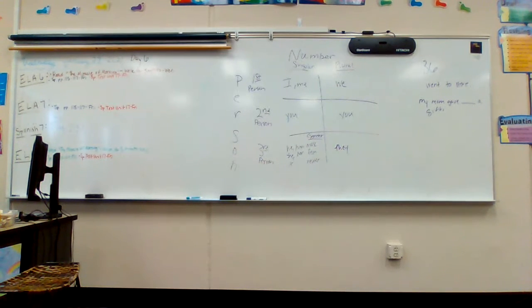Us. My mom gave us gifts. Again, my mom gave you or you all a gift. Third person plural, my mom gave, like, to a different family. Louis? Them. A gift. Okay? So those are your object pronouns.